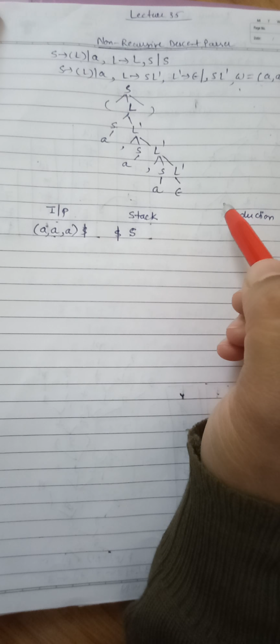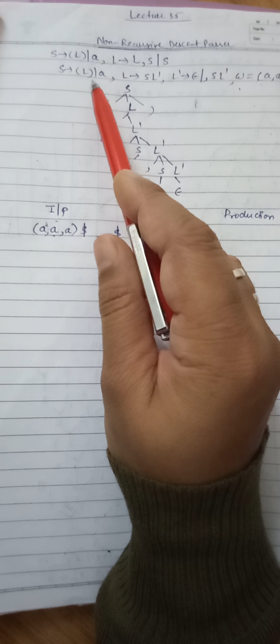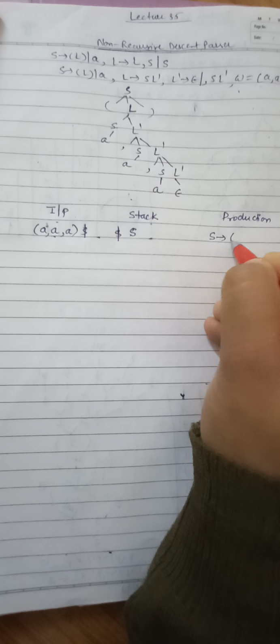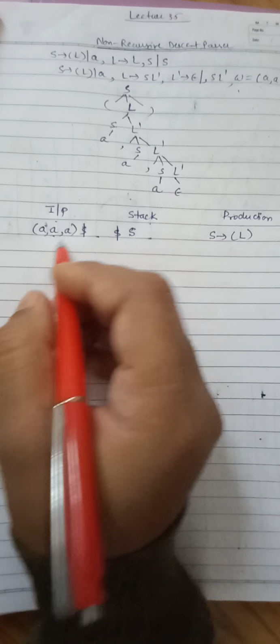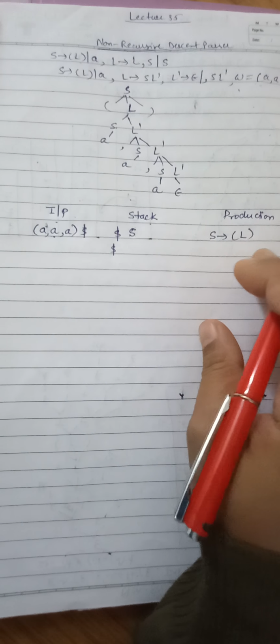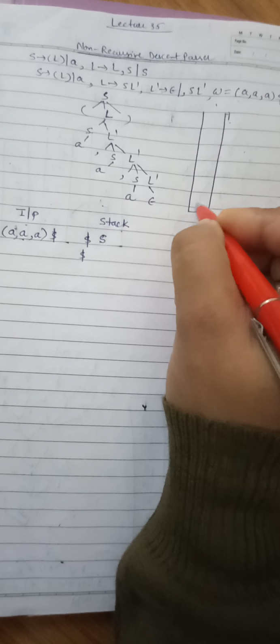After that, what production have we taken here? S tends to bracket L bracket. So this is the production we have taken. After that, what will happen? How do we write in a stack?